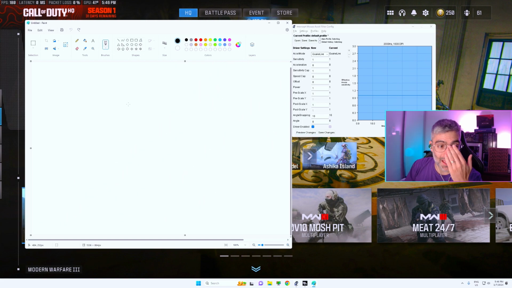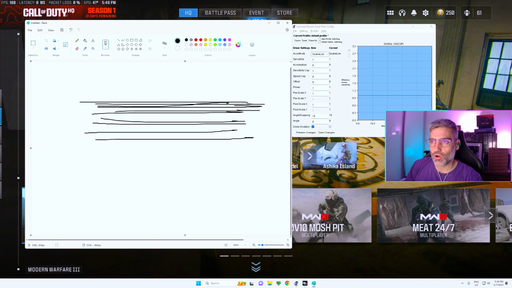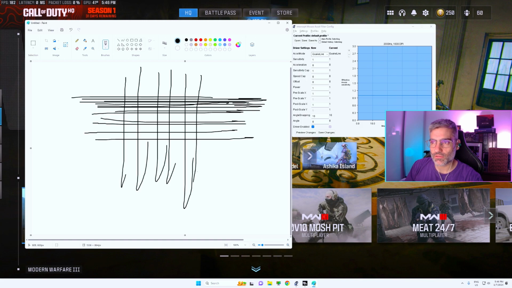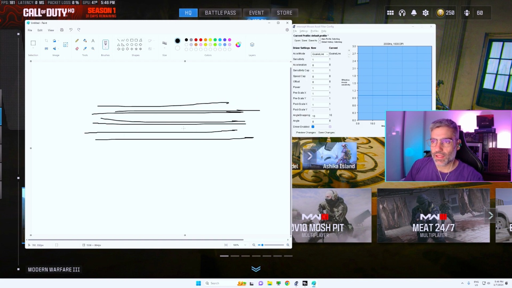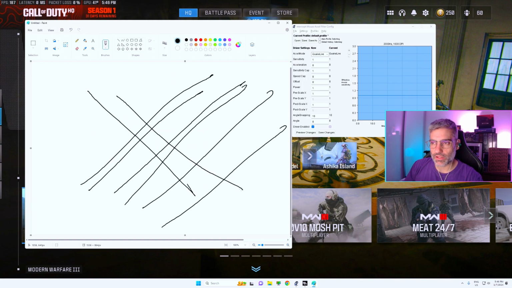So for me, after testing, the 16 value for angle snapping gives me quite straight horizontal and vertical lines, but importantly, it doesn't impact me from being able to draw my diagonal lines.